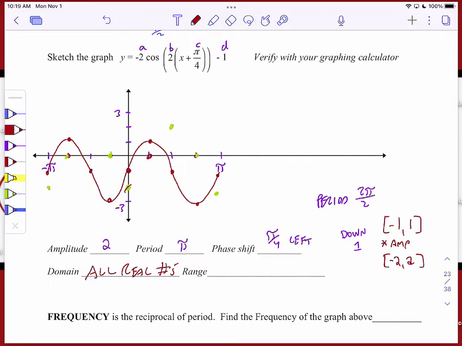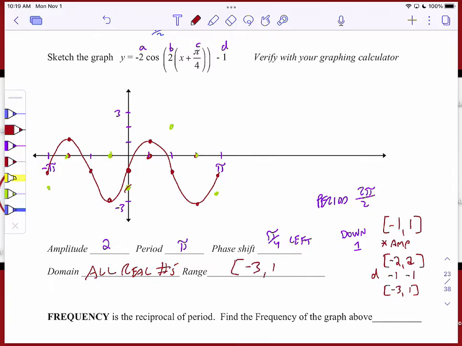And then you add or subtract the D value. So then I'm going to write -1 on both of these, and that's from the D value. And it gives me -3 and 1. So do the amplitude and the D value to whatever your range was, and you could figure it out.